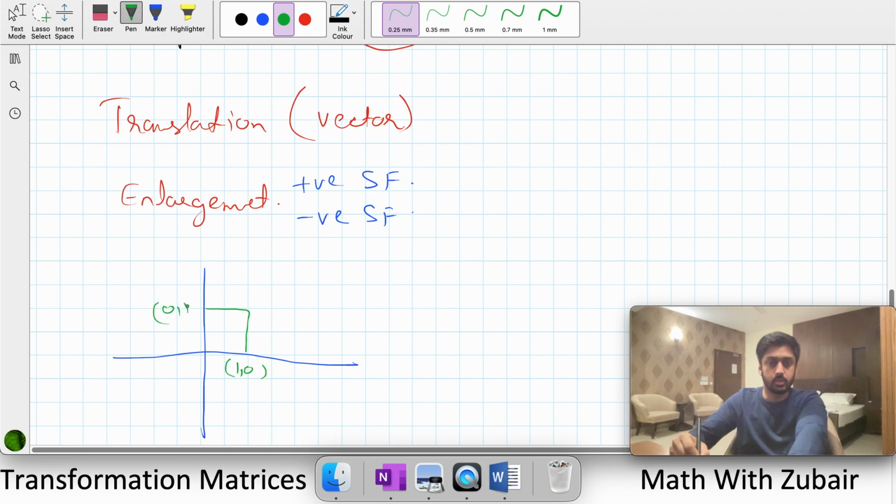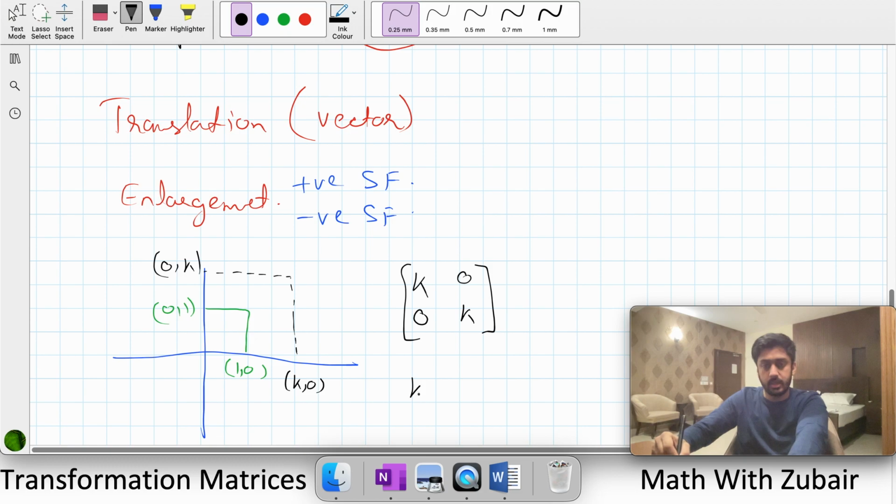This is x0, y1. So when this enlarges, x becomes k0 and the point on y-axis becomes 0k. So on x-axis it became k0, on y-axis it became 0k, where k is equals to scale factor.